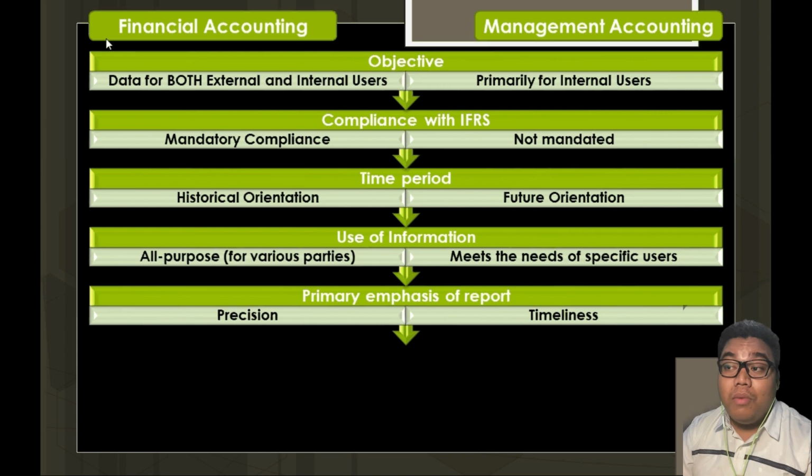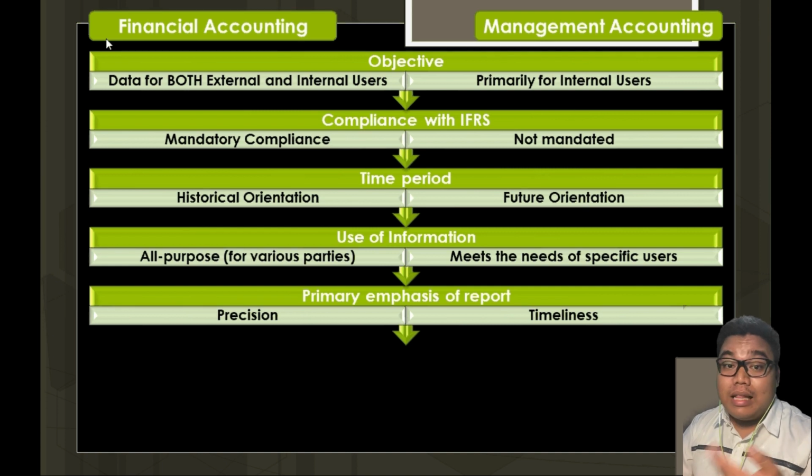So it is to be noted here that financial accounting reports may be given at a later time as long as they are in compliance with the standard. While for management accounting reports, even if we do not have precise information in the report, the focus is that we need to provide the report as soon as it is needed.